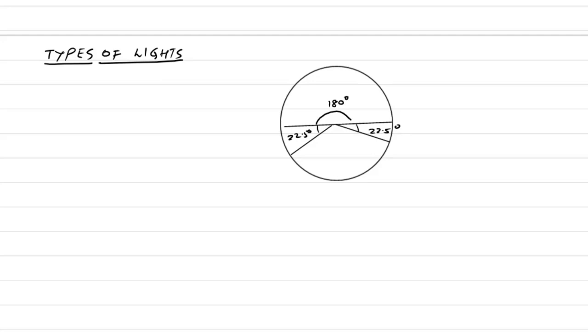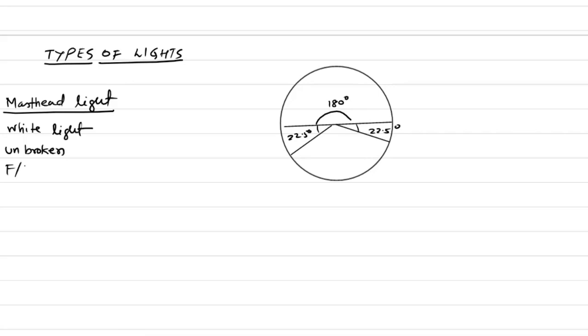So the first type of light is masthead light. Obviously these lights are unbroken lights. White light, first characteristic. Unbroken, that means it is not flashing, and it is placed on the fore and aft center line. Arc of horizon of 225 degree. How?